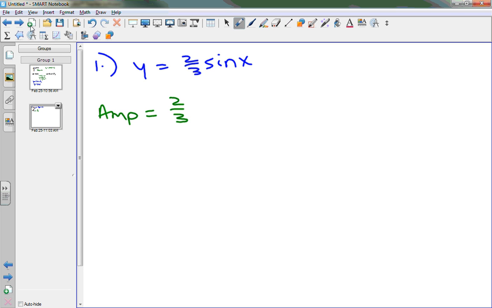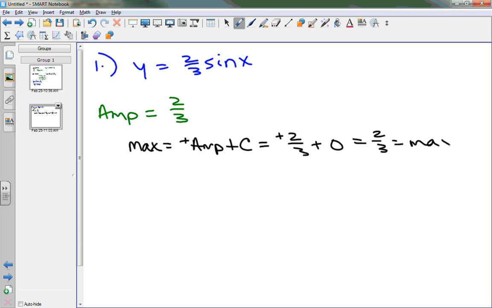Now, my maximum values. My max is my positive amp plus C. Do I have a C in this equation? No, my C is 0, which means my positive amp is just going to be 2/3 to give me 2/3 as my max. My level.